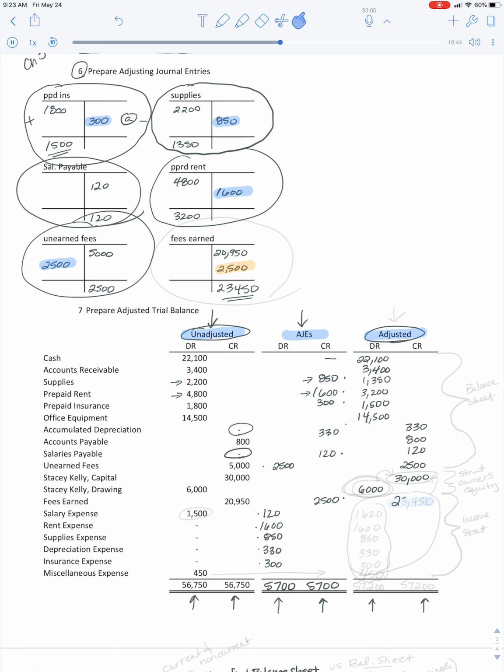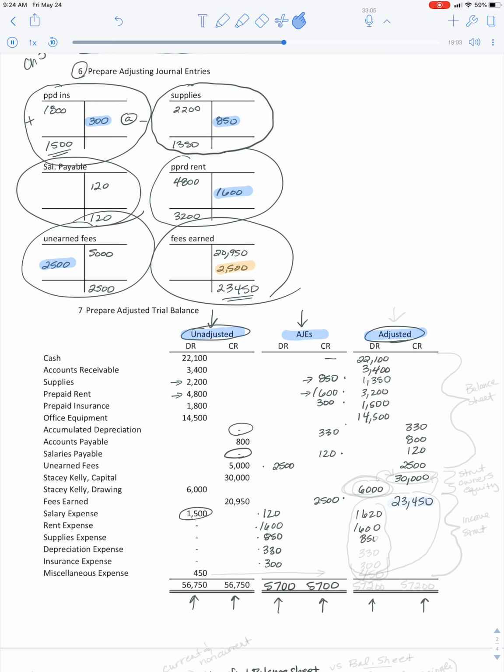And then none of our expense accounts, well actually yes, salary expense did have a beginning of $1,500, so we need to make sure to add those together to be $1,620, and then everything else had a zero beginning balance.